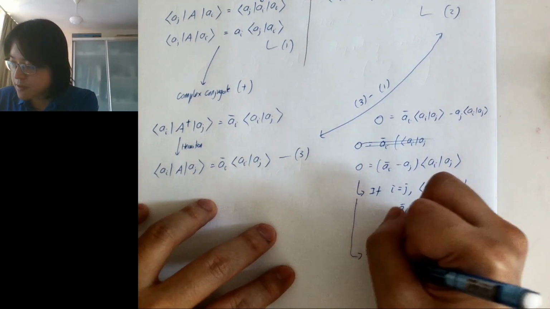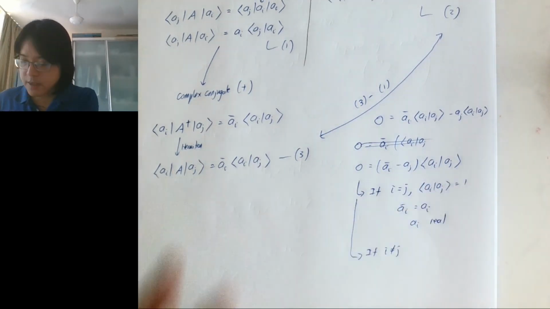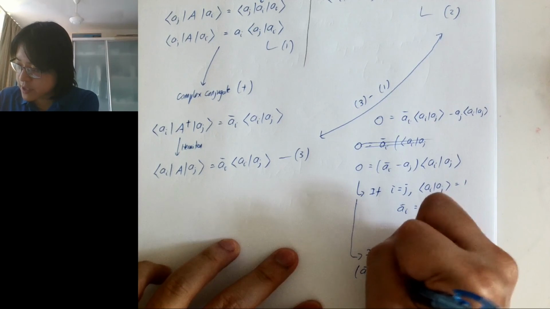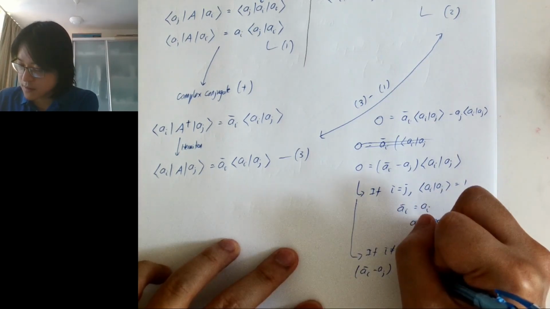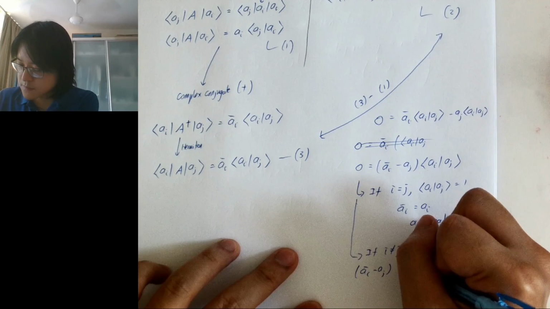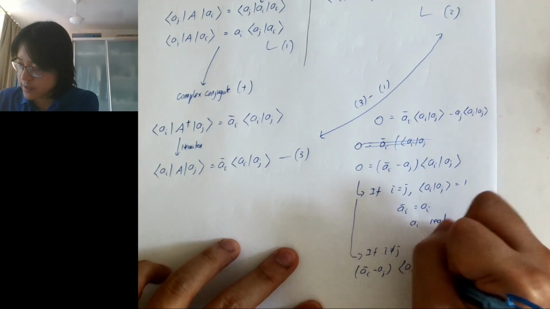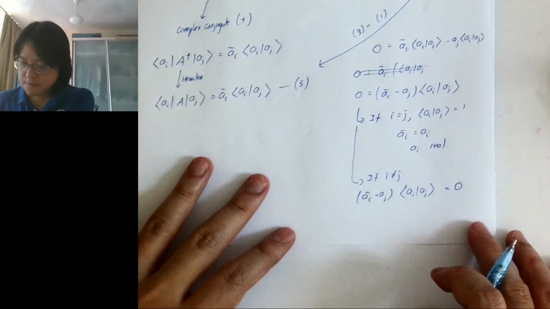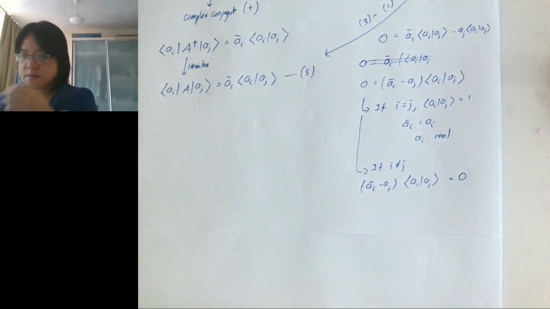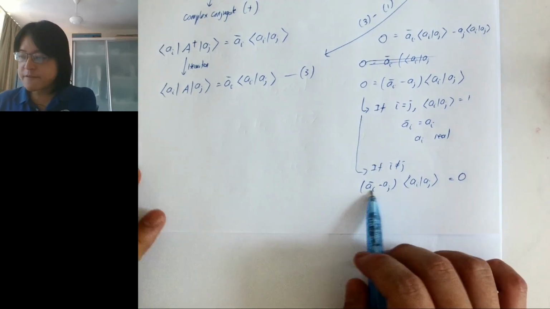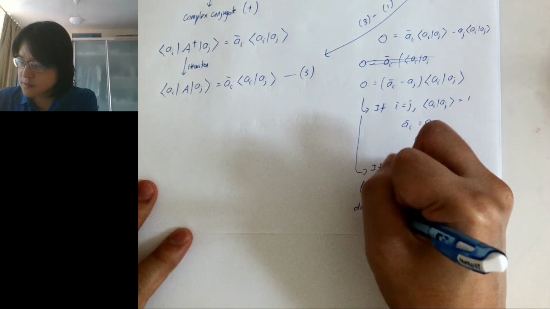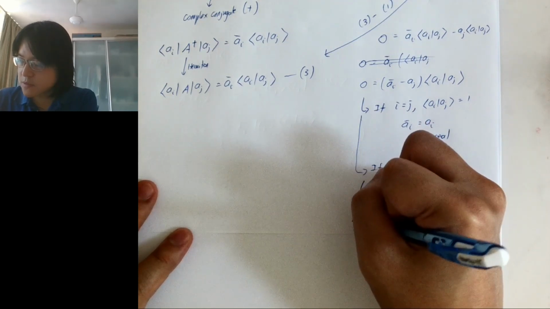But if they are not the same, then what we conclude is that a_i is not the same as a_j, and I got this equation equals to 0. So if these two are distinct, this term will be non-zero, right?